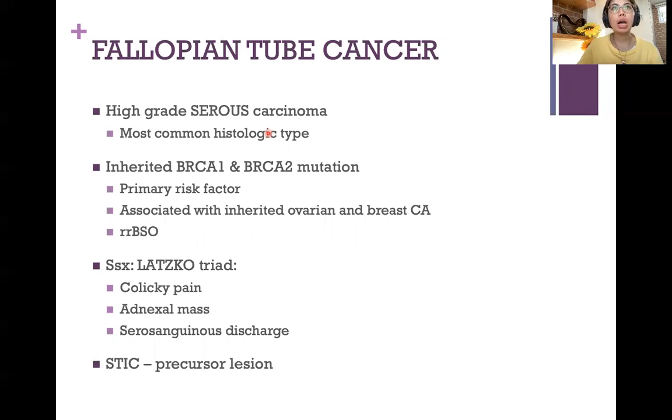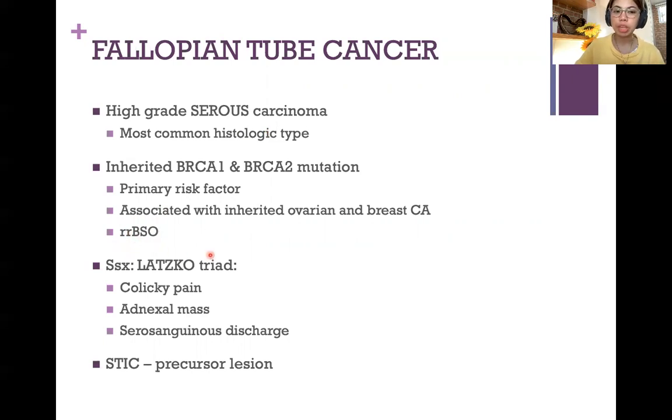And so risk reduction bilateral salpingo-oophorectomy is done among women who have completed the goal of their family plans and birth number. So we remove both tubes and ovaries. So risk reduction surgery, that's why it says RRBSO.